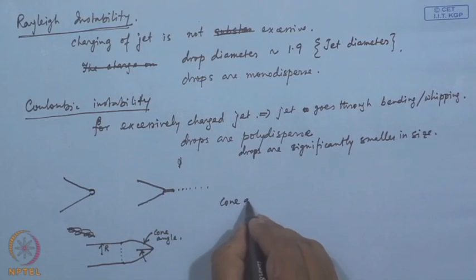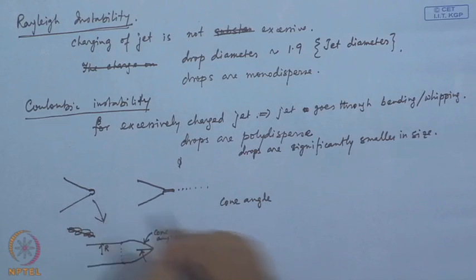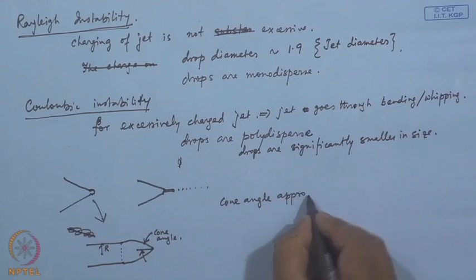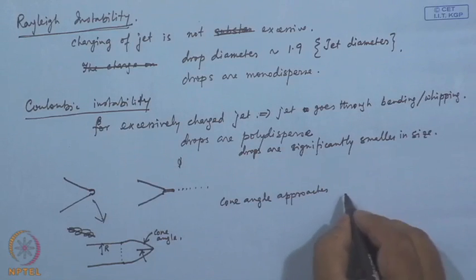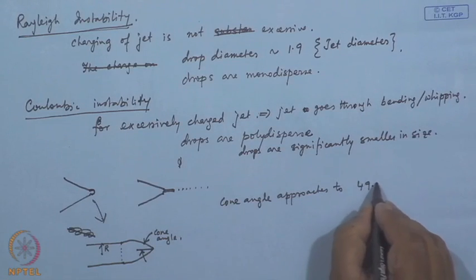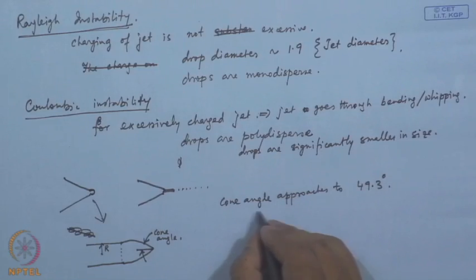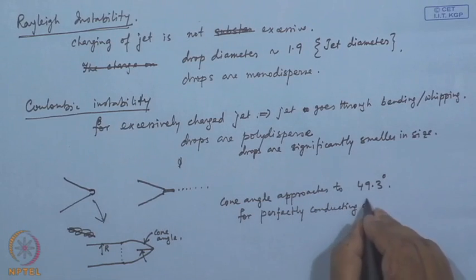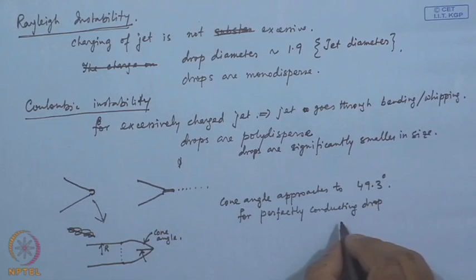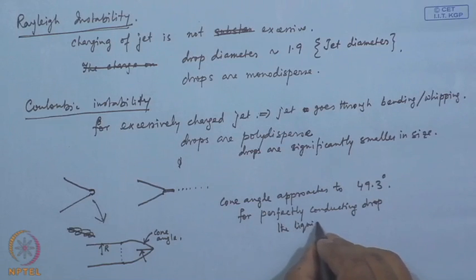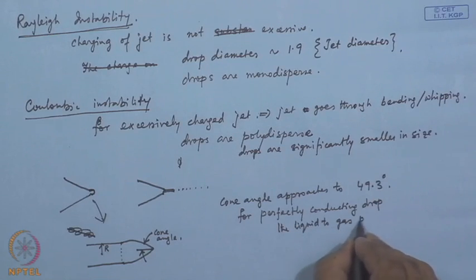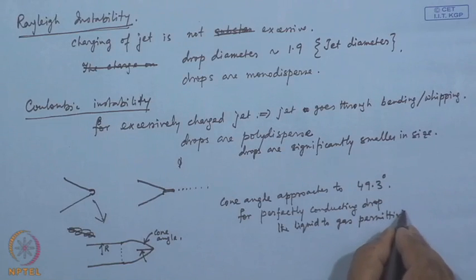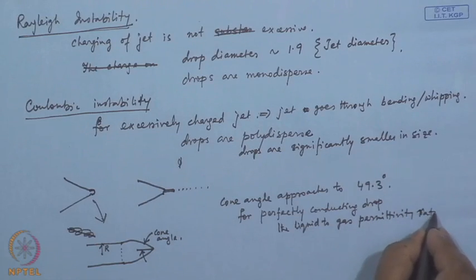So, we are talking about this pulsating mode, where this cone angle approaches 49.3 degrees for a perfectly conducting drop and the liquid to gas permittivity ratio going to infinity.